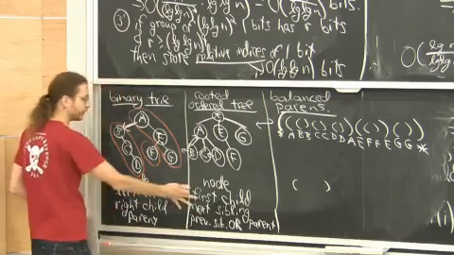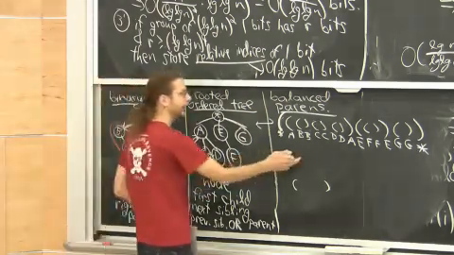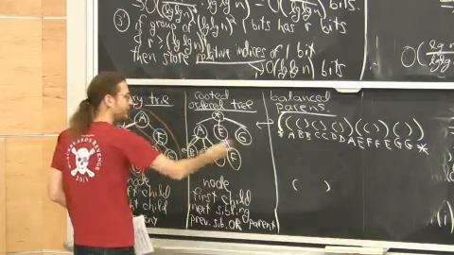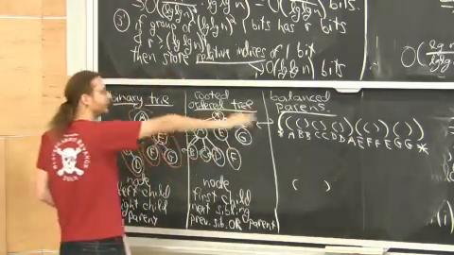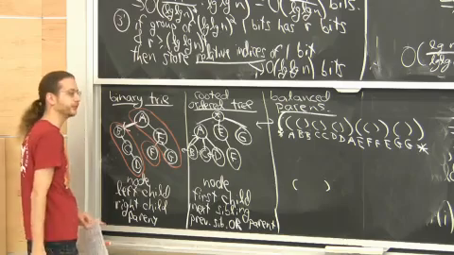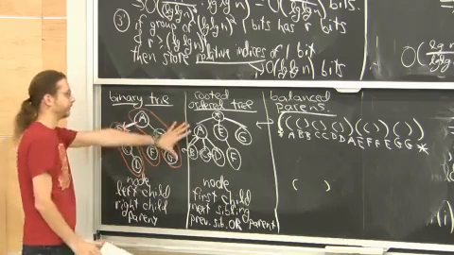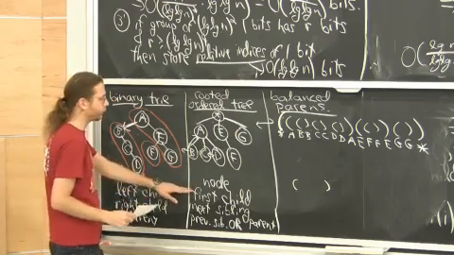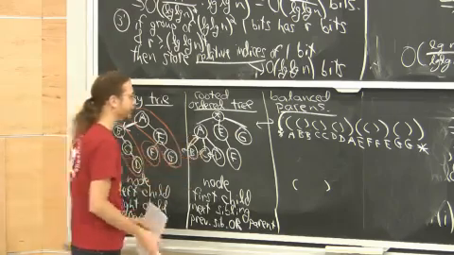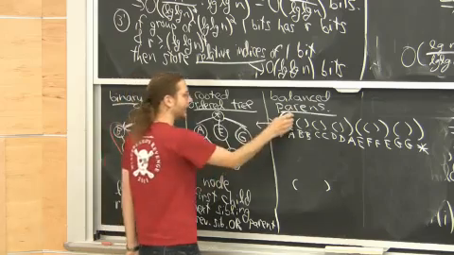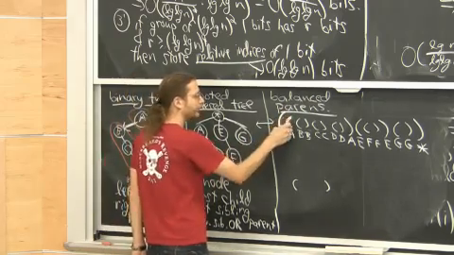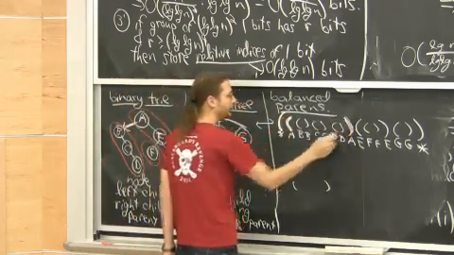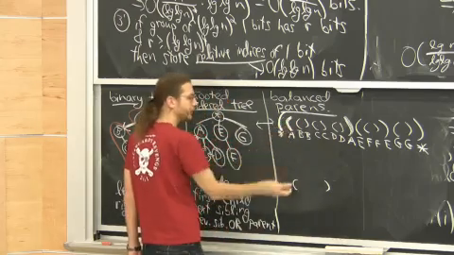Now we need to convert these pictures into balanced parentheses pictures, which is also going to be easy in itself, but the jump all the way from binary tries to balanced parens would be pretty confusing. So that's why we have this intermediate step. So we want first child here. Looking at A, A corresponds to this paren and this paren. I'm going to represent the node by the first paren.